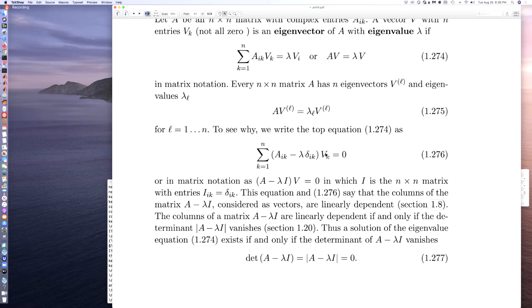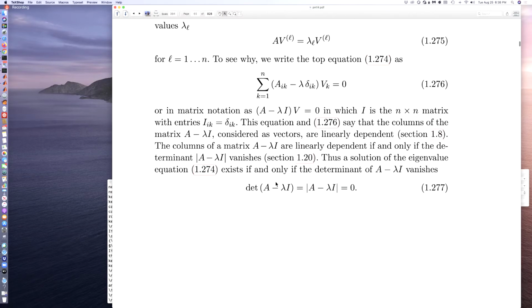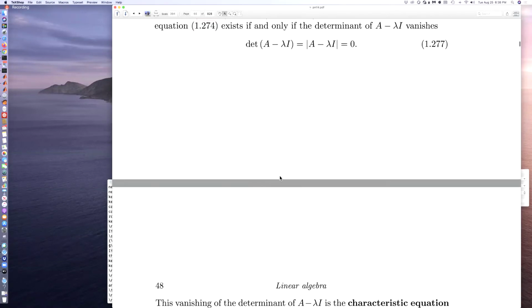What this is saying is that the elements of the vector times the column vectors vanishes, which is saying the columns are linearly dependent. The determinant then vanishes if lambda is an eigenvalue. And the vanishing of that determinant, if this is an n by n determinant, is something with, in general, n factorial terms, but if you use an LU decomposition, it's not so bad at all.